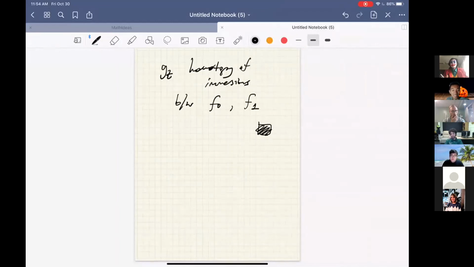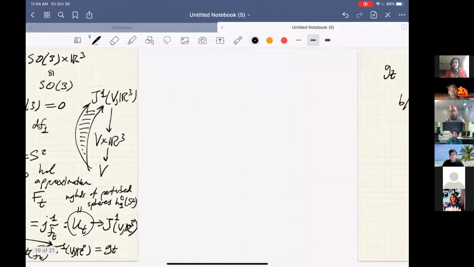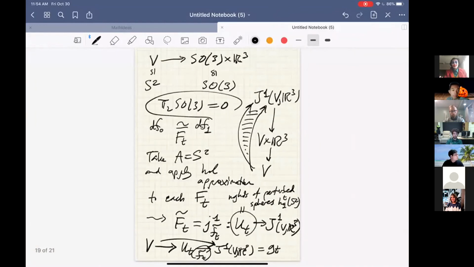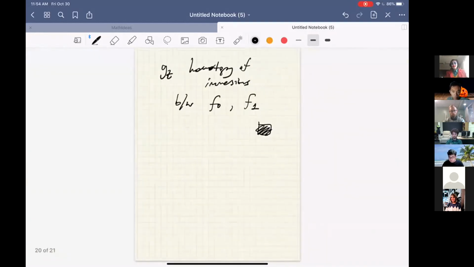It's kind of hard to see exactly what this eversion process is in this proof because it's not explicit, because we just used that pi2 of SO3 was 0, and then we used the h-principle theorem to wiggle and approximate it. But yeah, I'll just say a few concluding remarks.